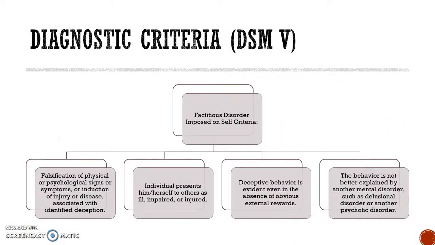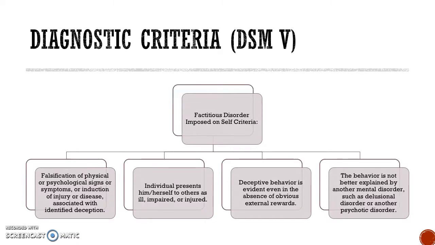So in the fifth DSM, there are two criteria. The first criteria is for factitious disorder imposed on self. So as seen, this criteria includes falsification of physical and psychological signs or symptoms, or induction of injury or disease associated with identified deception.